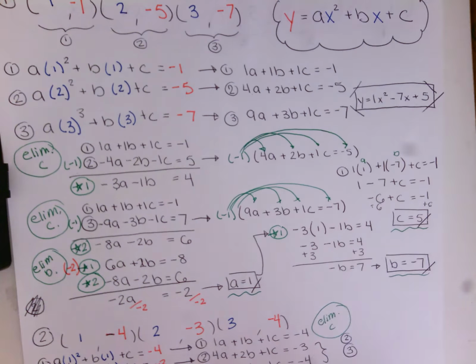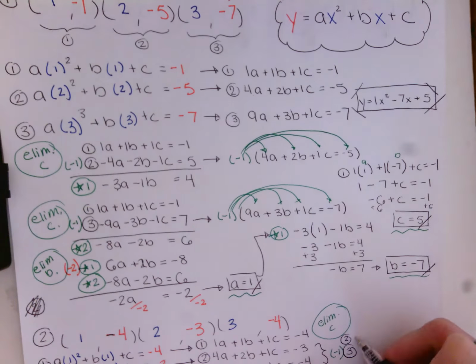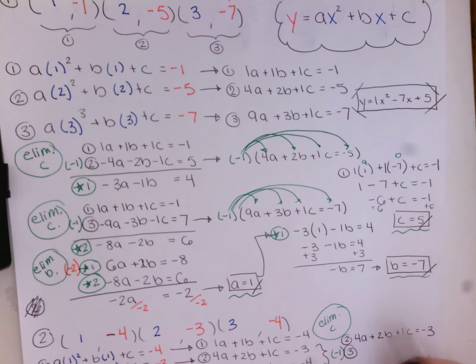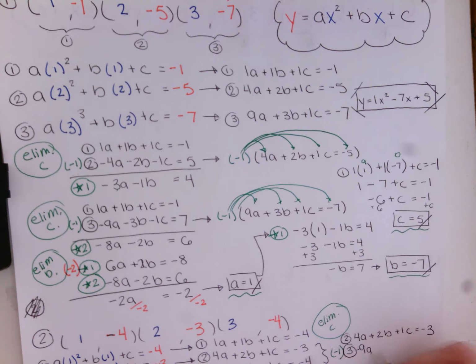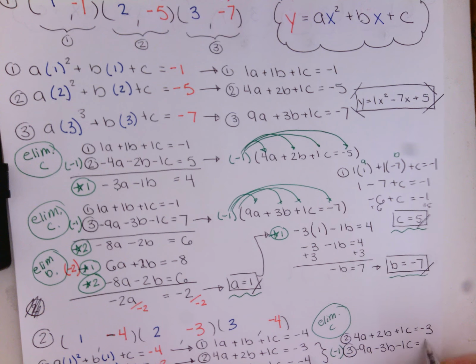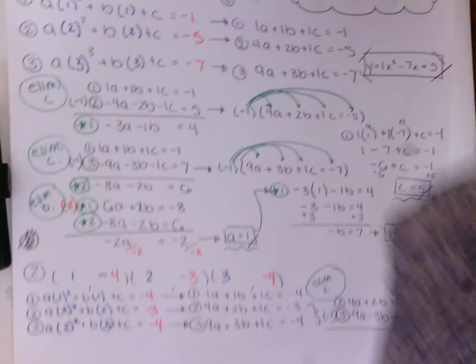Let's just multiply this bottom one by -1 and keep the second equation exactly as it is. So I'm going to multiply the -1 by the 9a, the -1 by the 3b, by the 1c, and by the -4. Now this, ooh, could not see that.